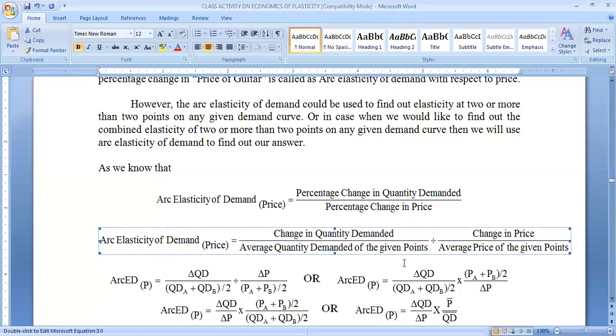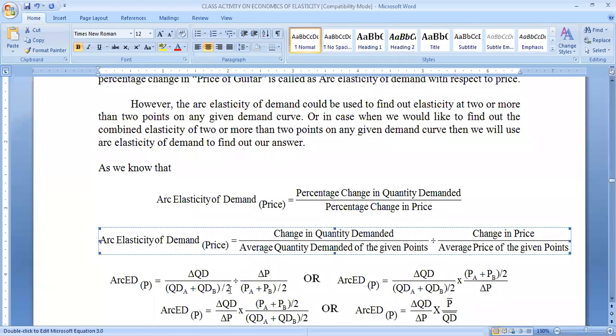So in simplified form, change in quantity demanded can be written as delta QD, whereas average quantity demanded of the given points can be written as QD at first point A plus QD at second point B, and after summing both, we will divide by 2 to obtain the average quantity demanded of the given points. What if there were 4 points?